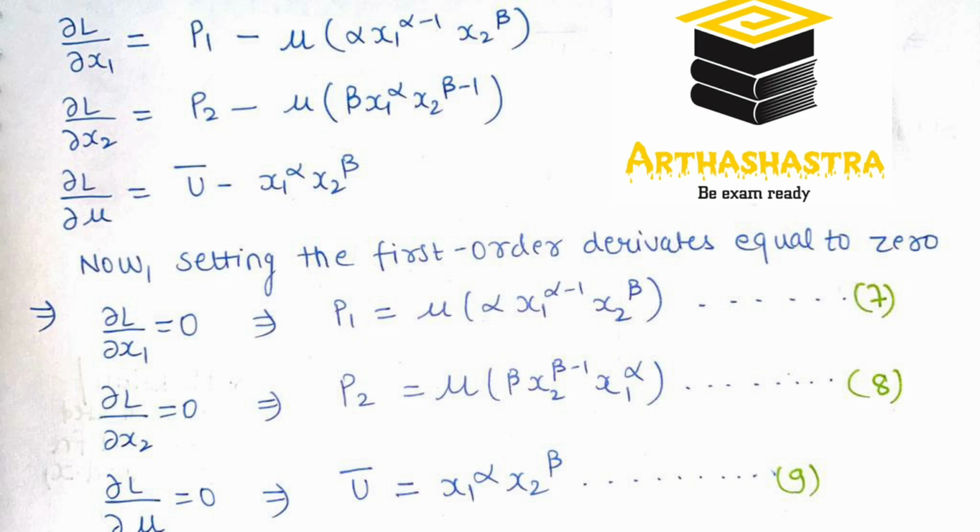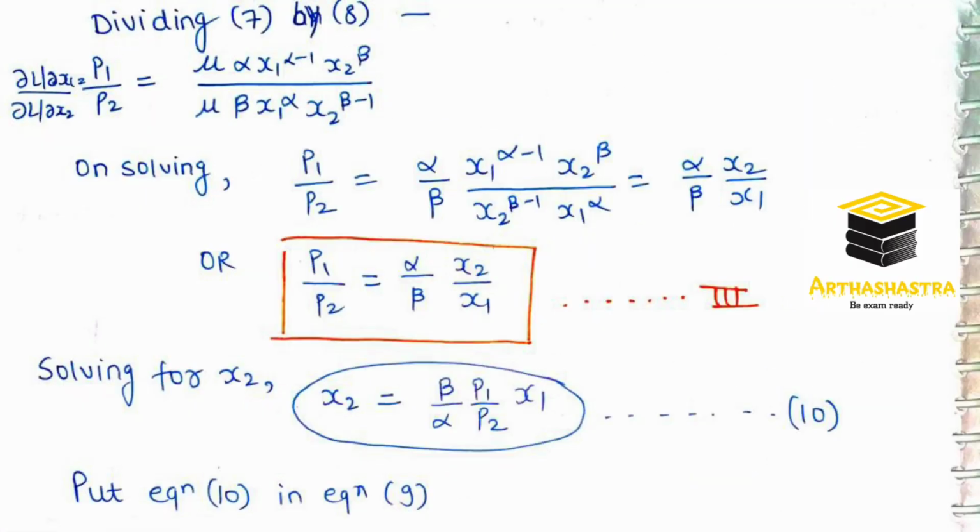Now, following the same steps as we did earlier, we will solve for any one of the goods, that is x2 or x1. For this we divide equation 7 by equation 8, and on solving we will get p1 divided by p2 equals alpha by beta times x2 by x1.